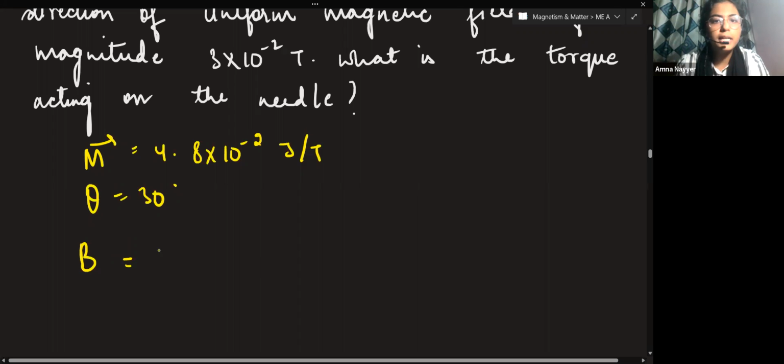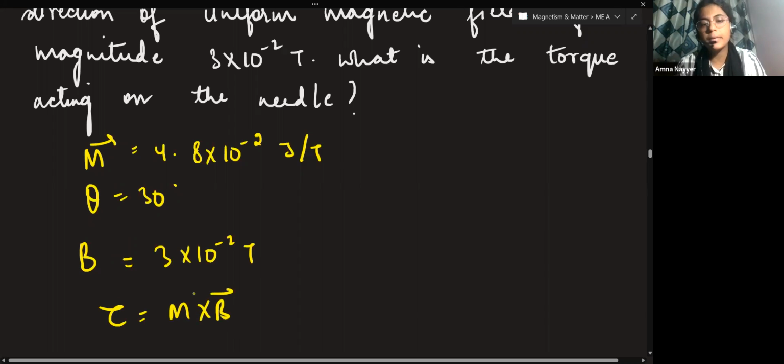So magnetic field is given 3 into 10 to the power minus 2 Tesla. Torque was M cross B, that becomes MB sine theta. Now let's put in the values.